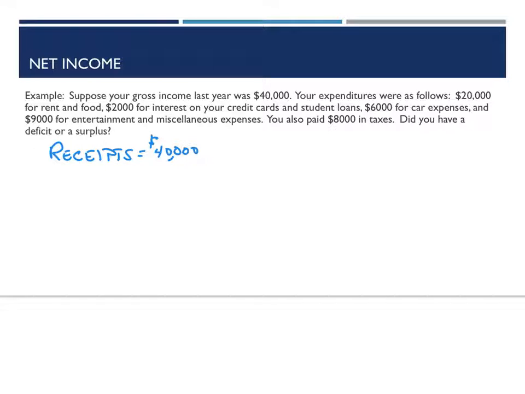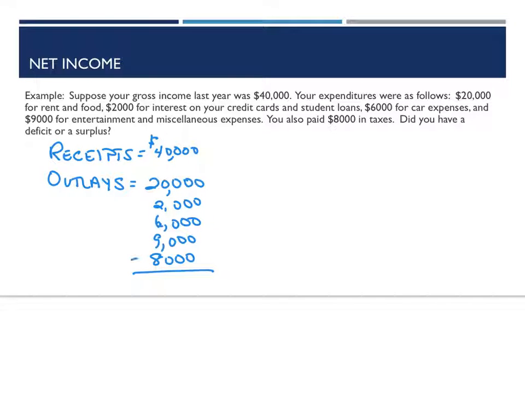Our outlays, we've got to tally them up. So outlays are all of those things that were listed. $20,000 for rent, $2,000 for interest on a credit card, $6,000 on a car, $9,000 on miscellaneous stuff, and $8,000 on taxes.